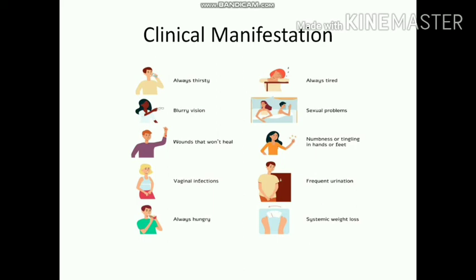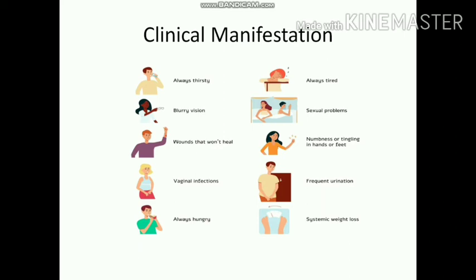First one, what? Always thirsty. The person is feeling always thirsty. Next, number 2 is blurred vision. Then wounds won't heal, that means if diabetic persons get some cut or any type of wound, then it won't heal in a short time.